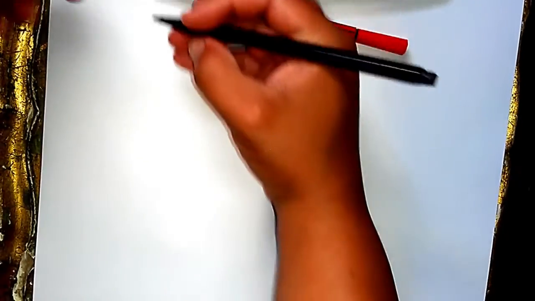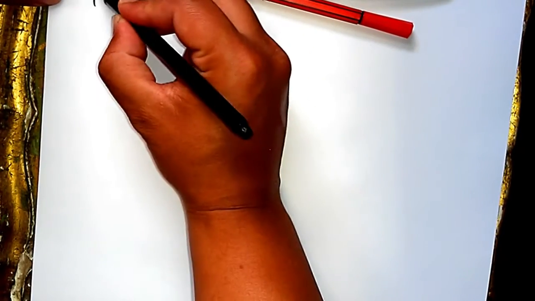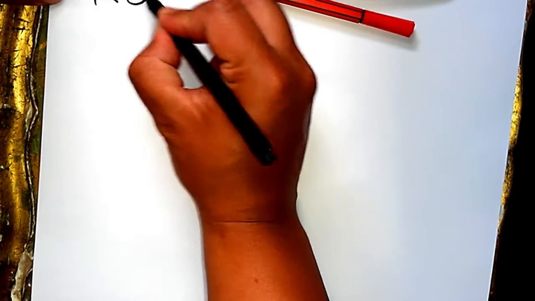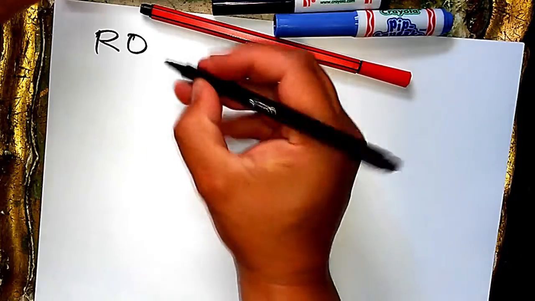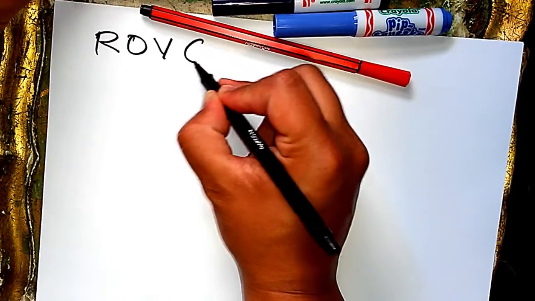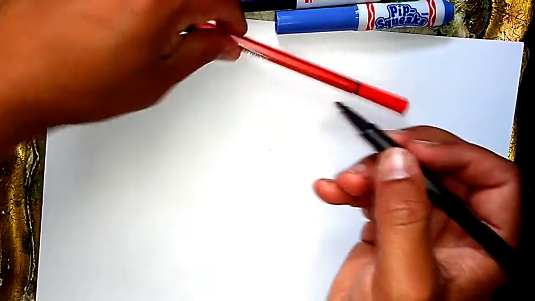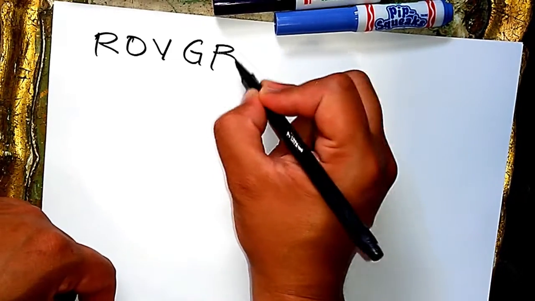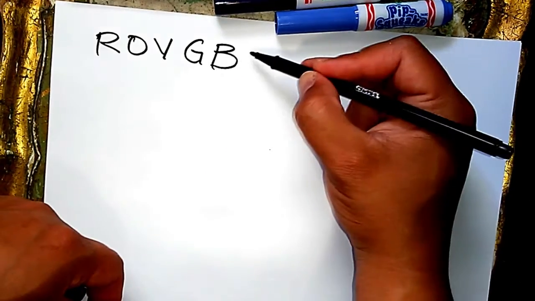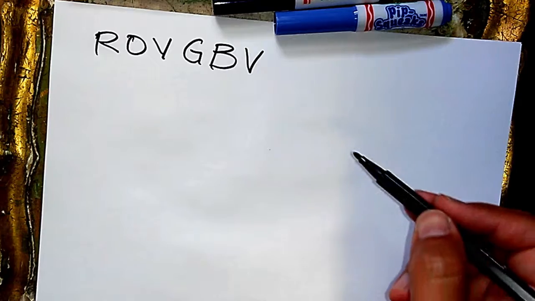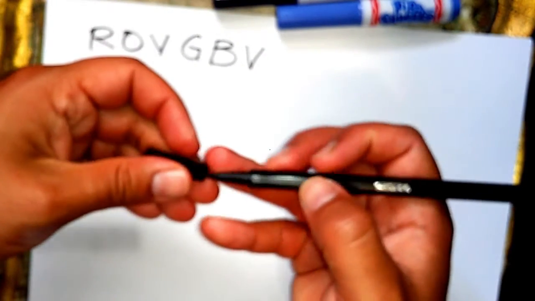Alright, so here's the basics to color theory. You probably have heard this before. It's called Roy G. Biv. Right? Roy G. When I was in grade 5 and they taught me this, there was an I there for indigo, but we don't need it anymore. Alright, Roy G. Biv.